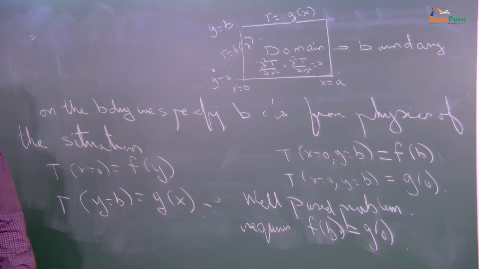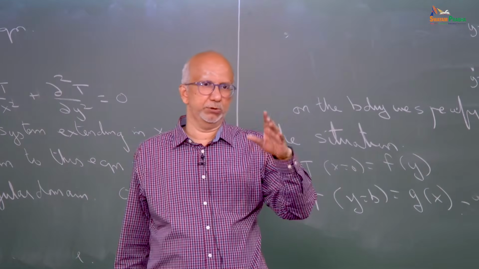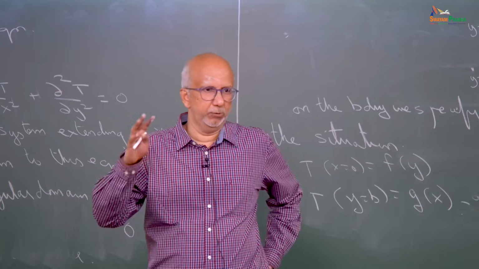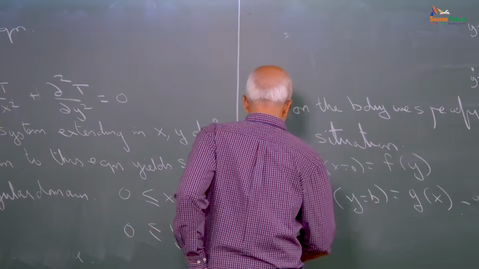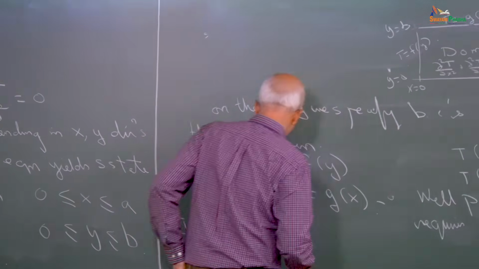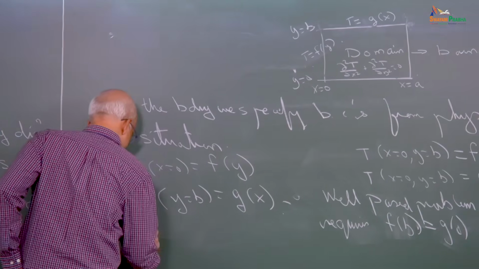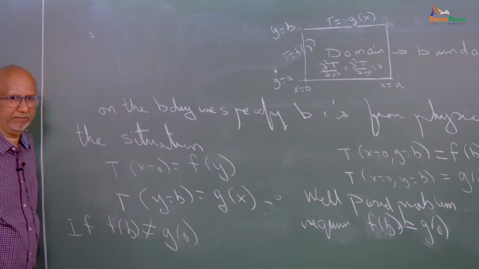Then you will get a solution which is smooth, continuous and all that. But if f of b is not equal to g of 0, then I have an ill posed problem.